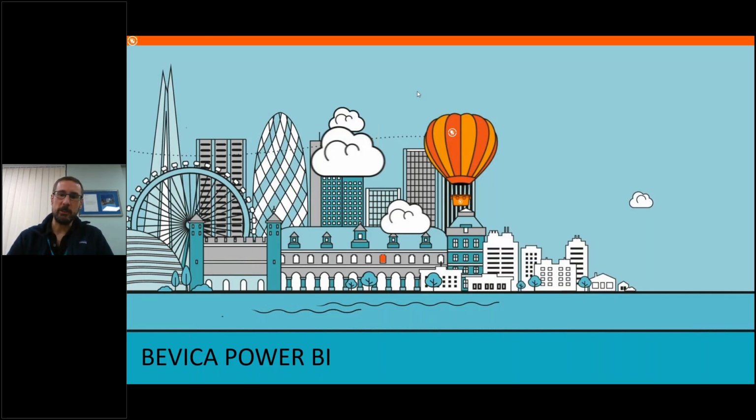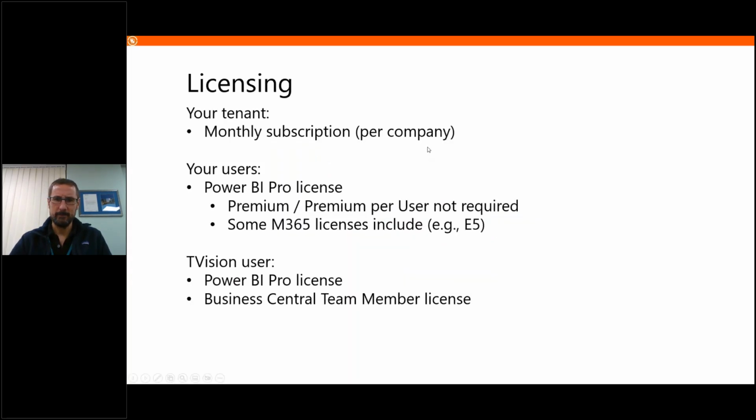So first of all, I just wanted to sort of frame what's required with it. Power BI requires a few licensing things. So one is there is a subscription for you to have the Power BI data sets and reports available for you as a business.